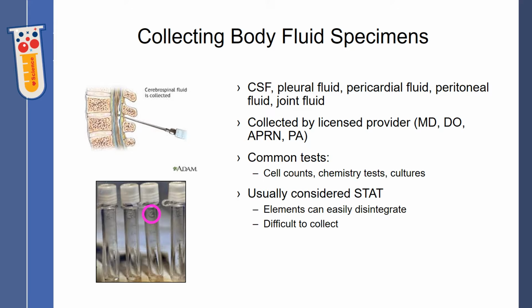For instance, micro should not get tube number 1, because it's possible there could be some normal flora contamination just from where they punctured the skin. So micro doesn't get tube number 1. Generally labs will have a set policy for which department gets which tube.